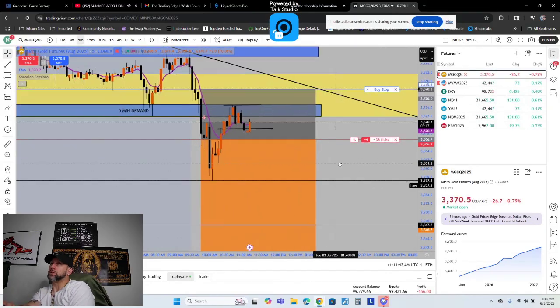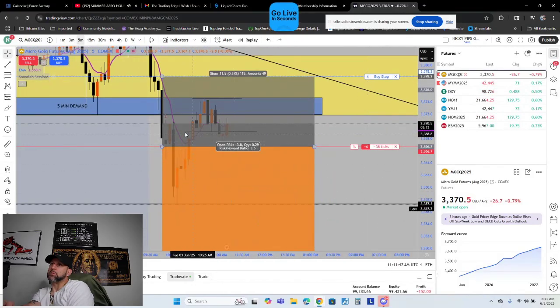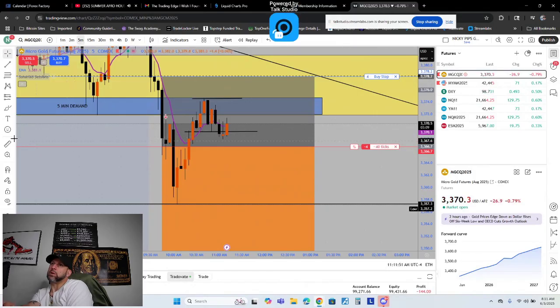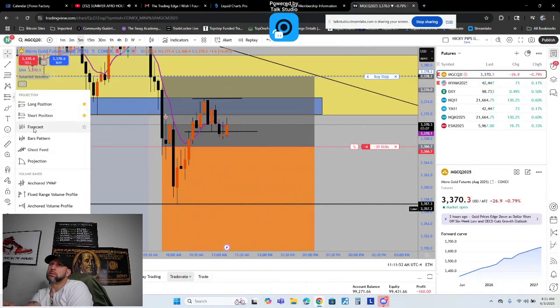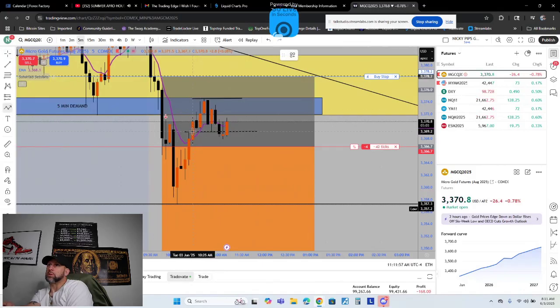Because if I do see here, even though it's consolidated, you can see it's making higher highs, higher lows, and lower highs. So if I get my path tool, you can see it came down here, came up here, came down here.